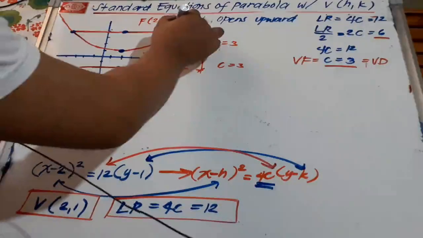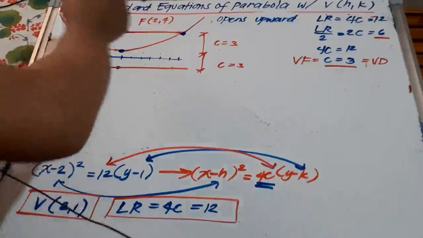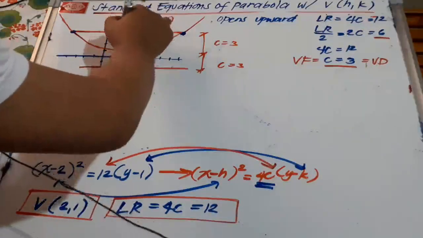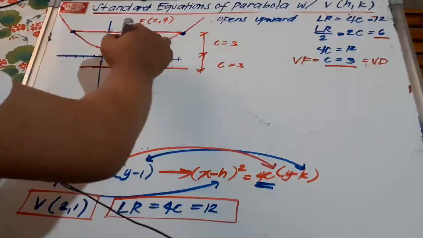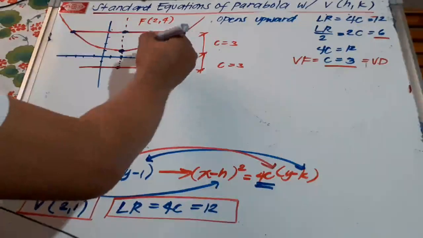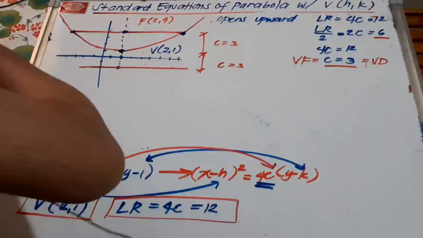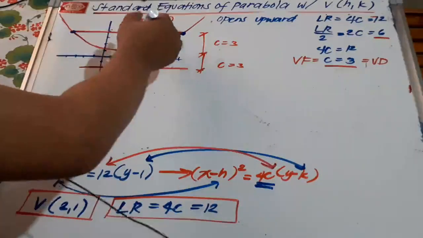Okay. Naandito yung ating axis of symmetry. Dadaan sa focus at saka sa vertex. Okay? So, kunin natin yung mga coordinates nila. Para sa vertex, (2, 1). Para sa focus, we have (2, 4).